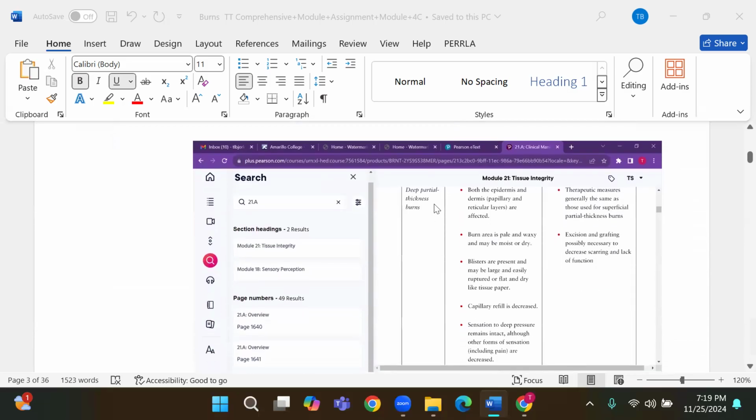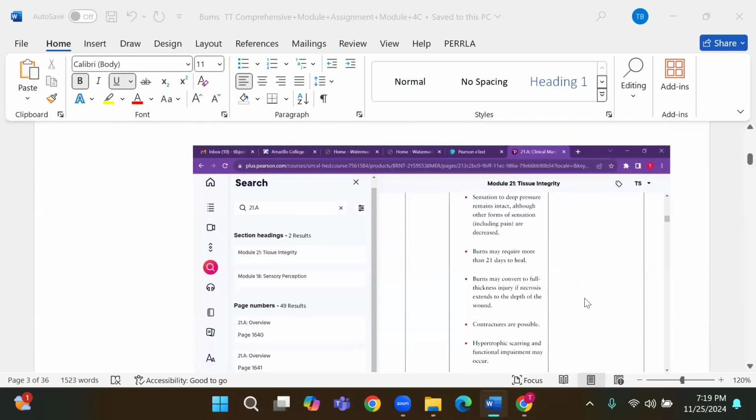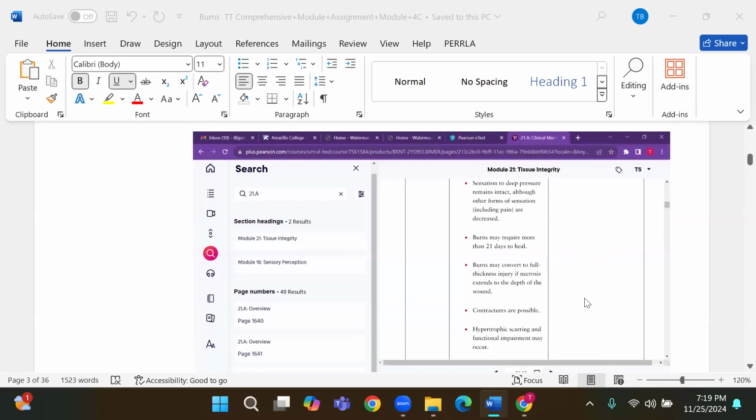So if we have a deep partial thickness, look, both the epidermis and the dermis are affected and probably going to have some blisters. And then if you look over here, it doesn't say anything about nerves. Let's go down here and see if it does. This one says burns may require more than 21 days. Oh, contractures are possible.